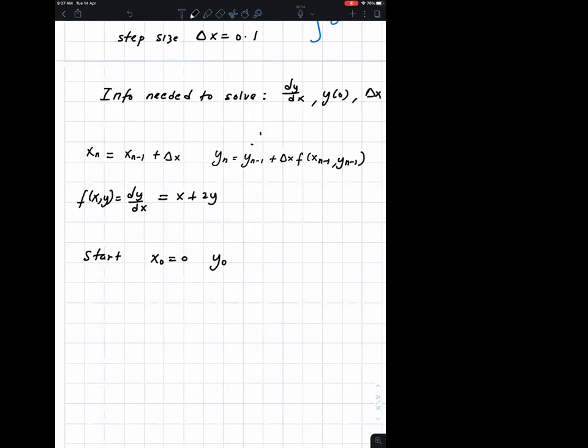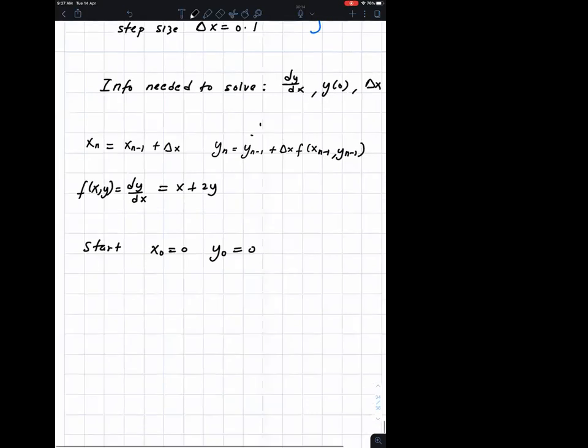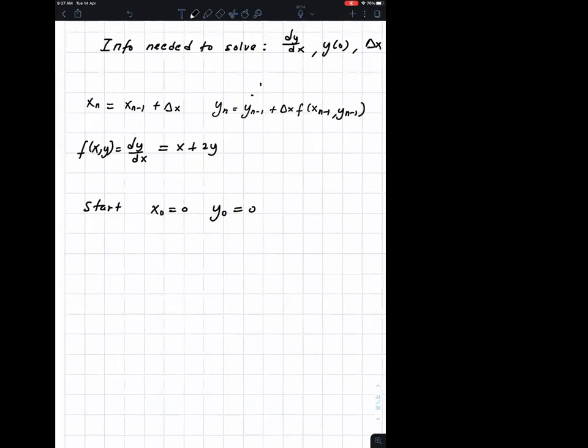It's given to you as 0 for x naught, and y naught is also 0. Then you find the next point. Find x1.